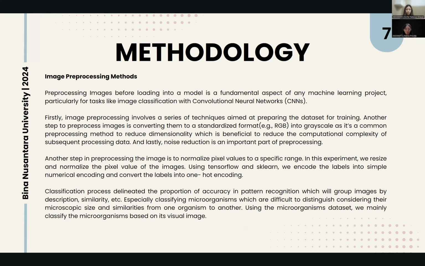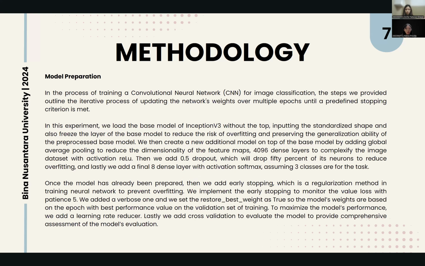It's common to preprocess images by converting them into a standard format, such as RGB, and we do noise reduction as a part of image preprocessing. Then we use TensorFlow and sklearn to encode our images into simple numerical encoding, such as one-hot encoding, and to convert the labels. After image preprocessing, next we will do model preparation.